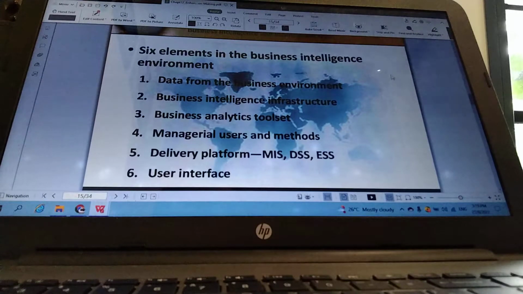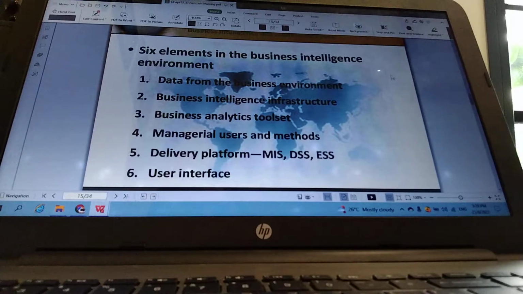Next, we need to look, as you have seen in the slide earlier, the BI infrastructure, the platform that we're going to use to collect your data, to gather your data, to store your data, so that we can continue using the tool set in order to analyze and transform into decision making.